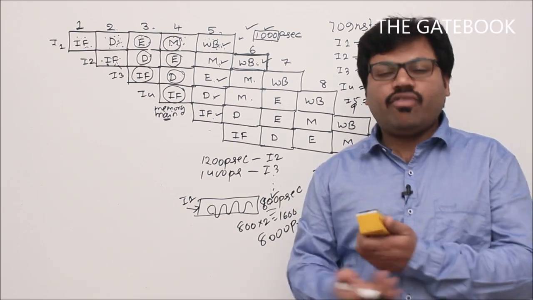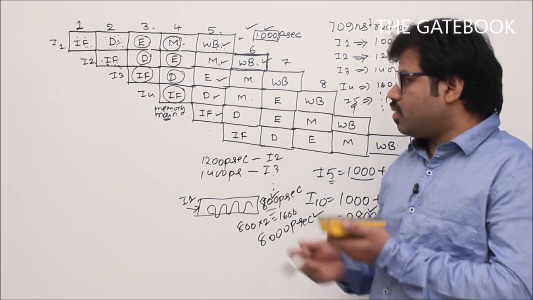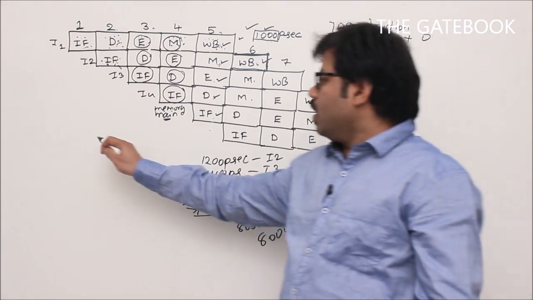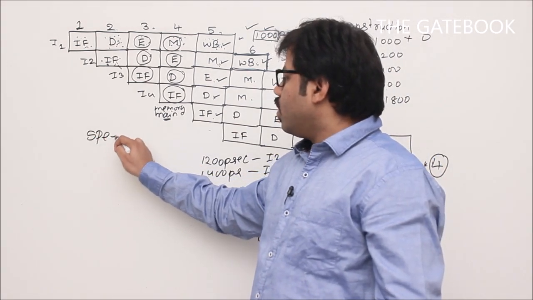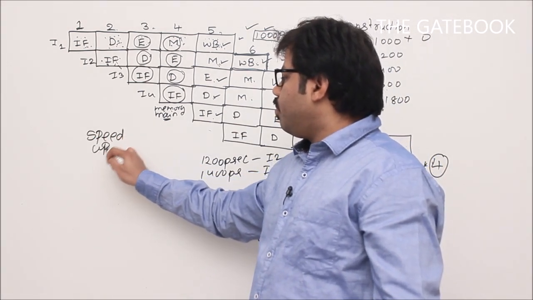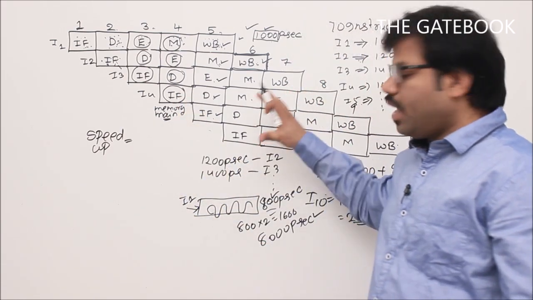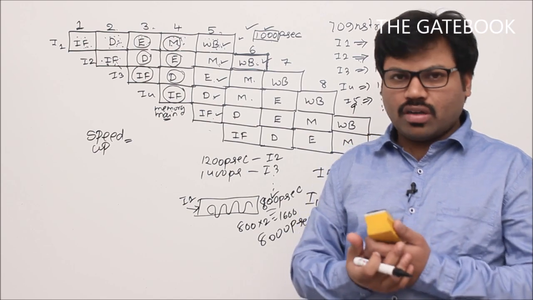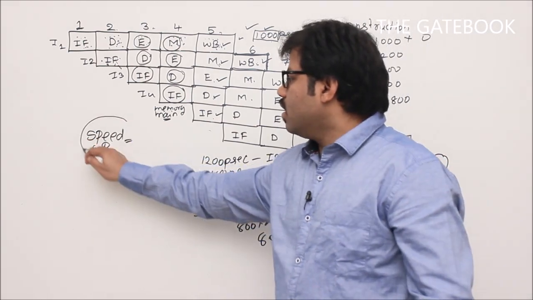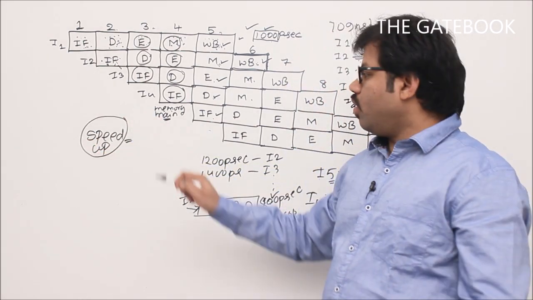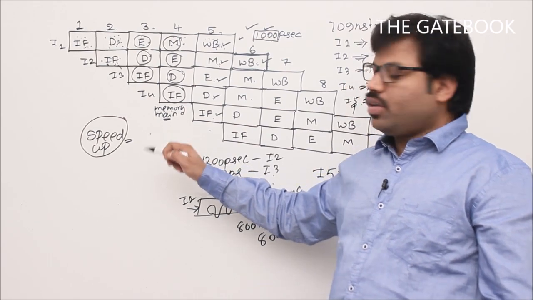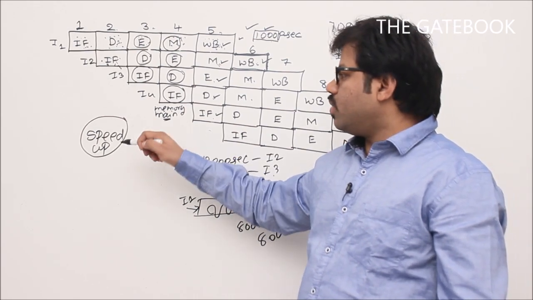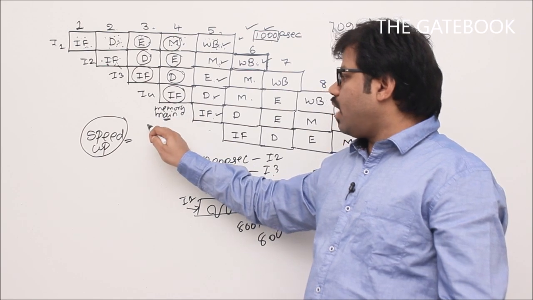Now we'll see the speed up formula. What should be the formula for speed up? If you want to know, because of pipelining, how much performance improvement you got, that is nothing but the speed up factor. For example, what is the speed up you get for 100 instructions?